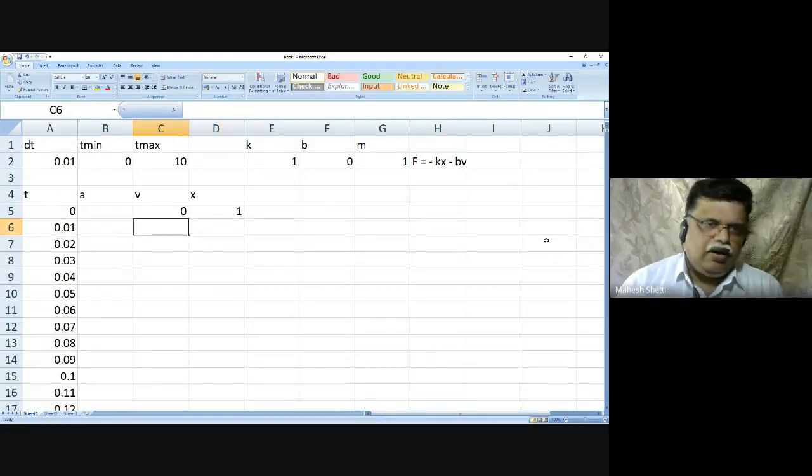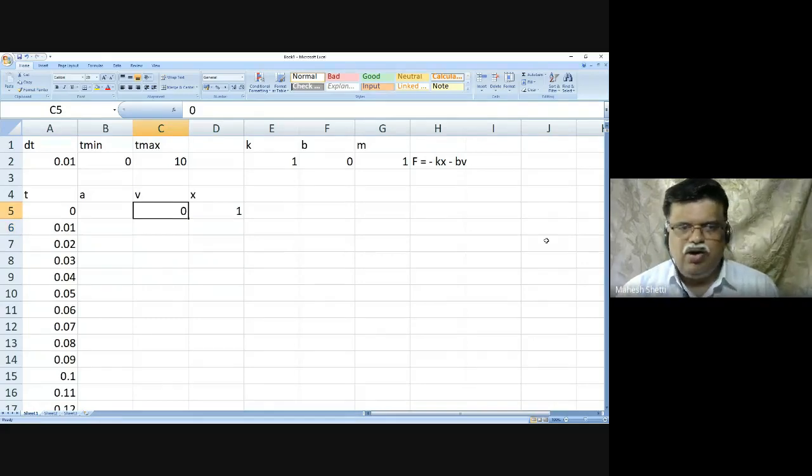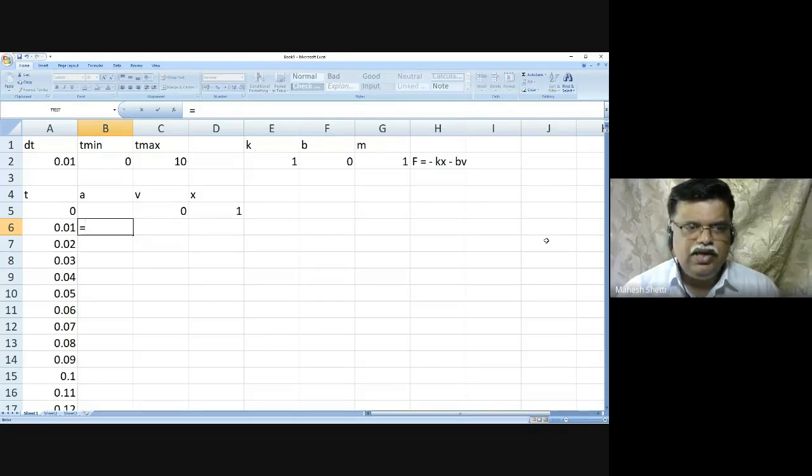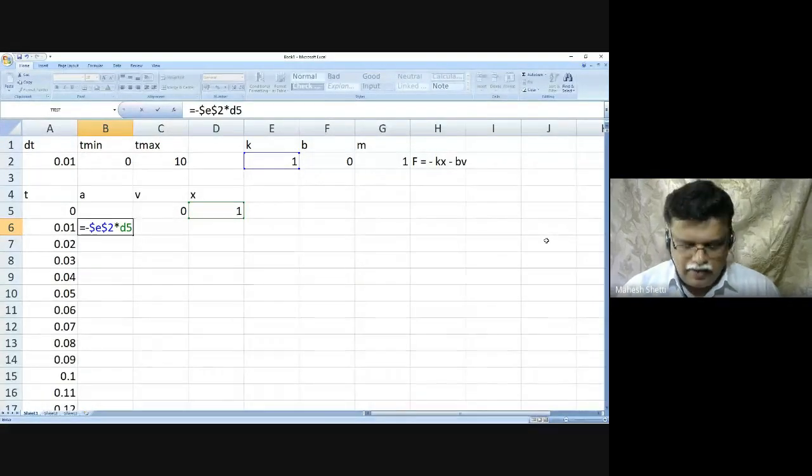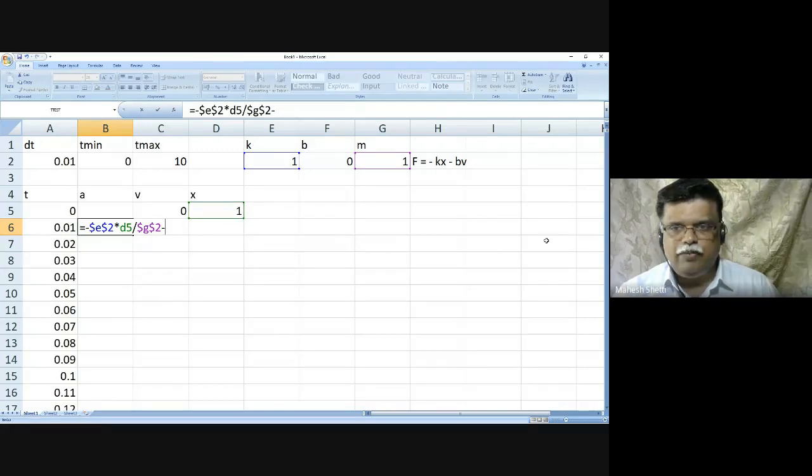Fine. Now using this value of velocity and displacement, I'm going to calculate the new acceleration. So equal to minus k, k is in $E$2, into x, which is going to be in D5, divided by m, $G$2, minus bv upon m.